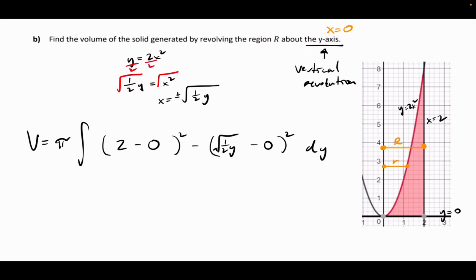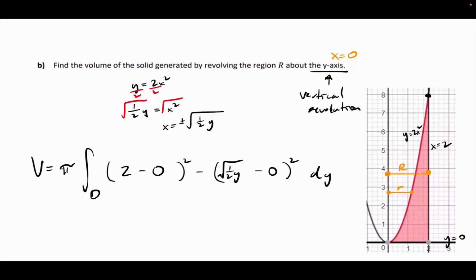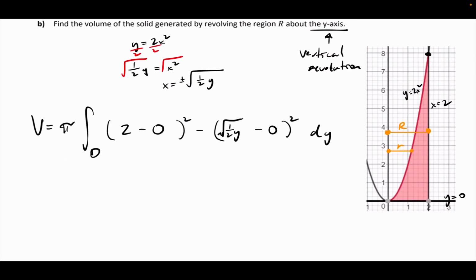Where are the bounds of the shaded part from top to bottom? The bottom is 0. Where is the top of the shaded part? 8. It's where x equals 2 and y equals 2x squared intersect. It looks like 8. If we're not sure, we could always just solve for it, but it looks like it's at 8.